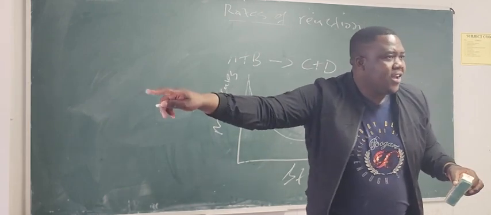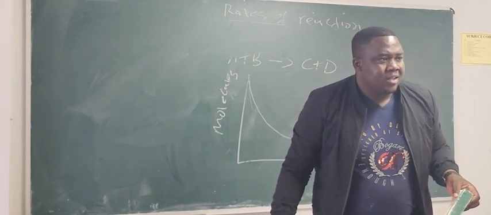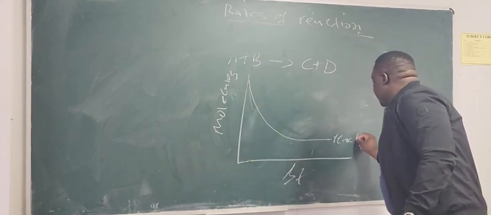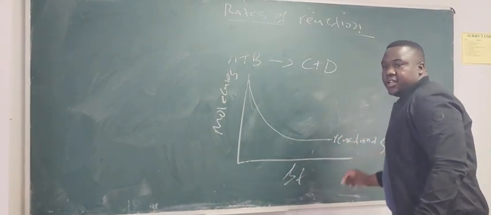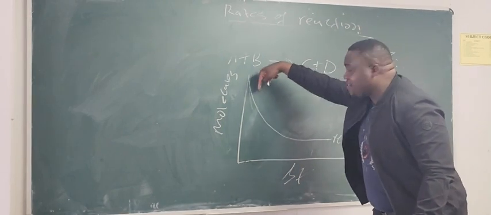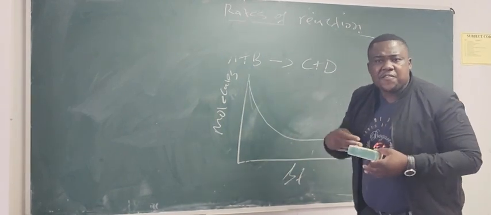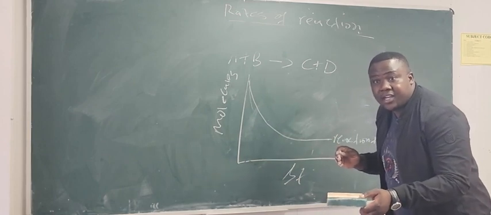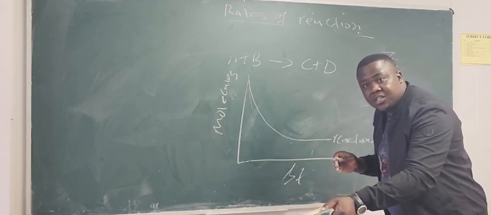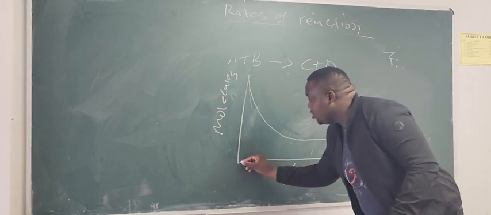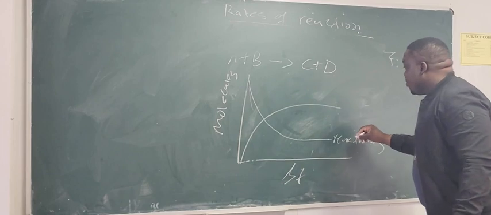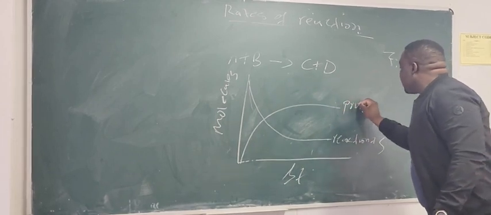Because they formed a new thing. So these are reactants. Why is the graph going down? It's because they're getting finished. And as they get finished, what is happening to the product? It's getting formed. So the product will increase. So this is the product.